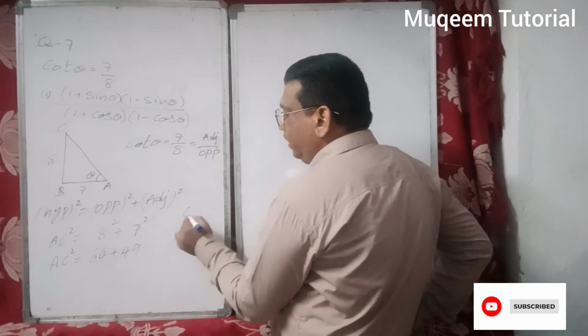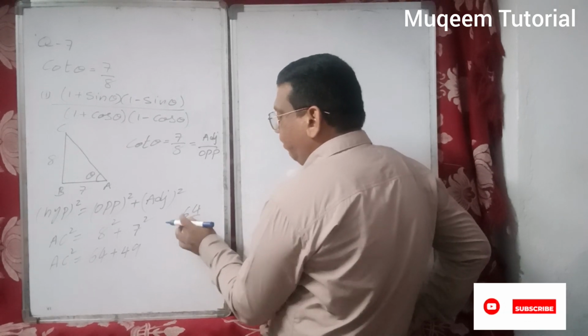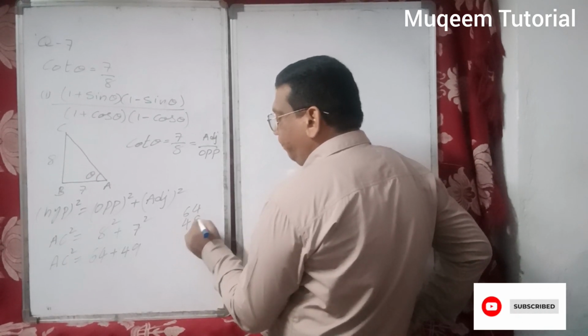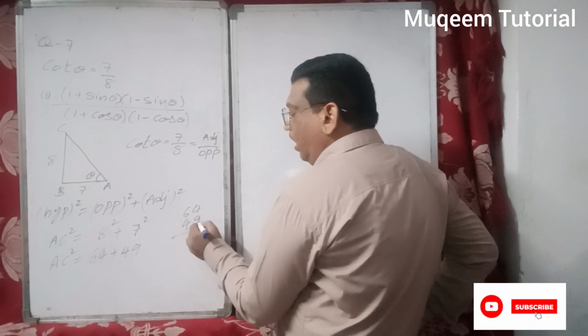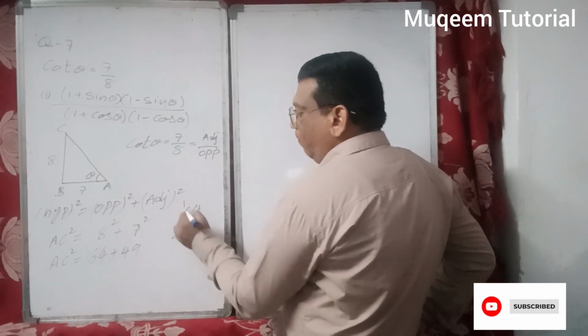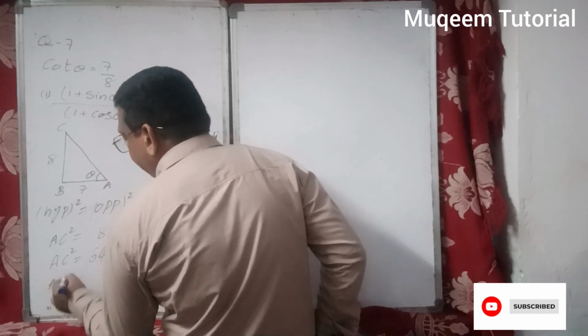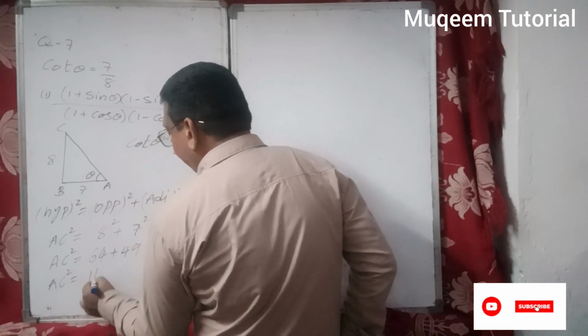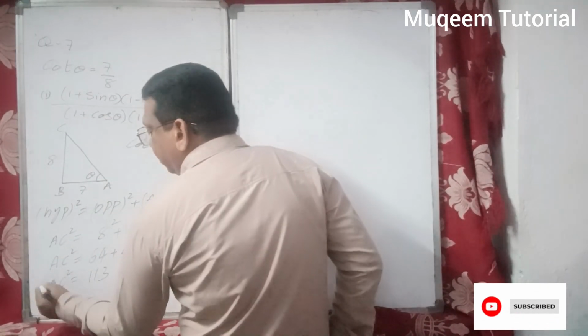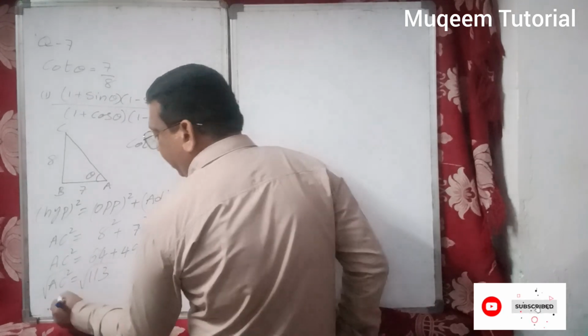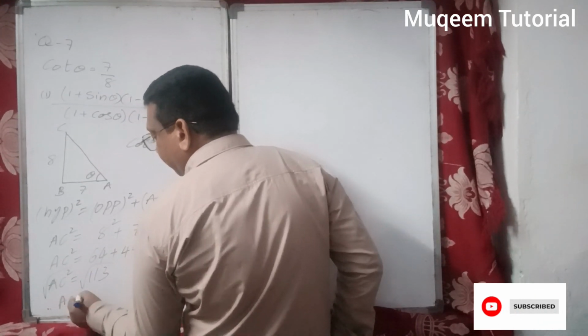Now if we add 64 plus 49, it is 113. So AC square is equal to 113.